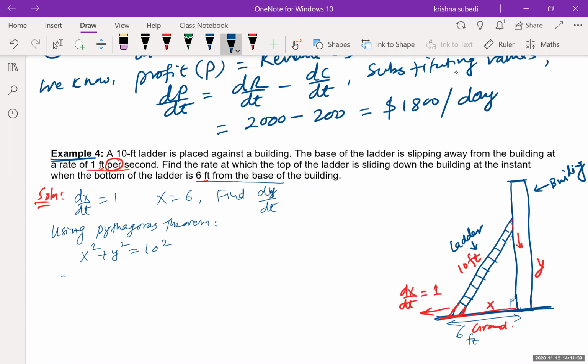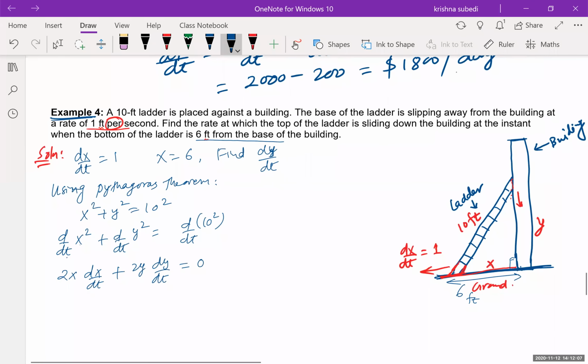We use implicit differentiation, differentiating both sides with respect to t. Since x and y are functions of t, using implicit differentiation we write 2x dx over dt plus 2y dy over dt equals 0.